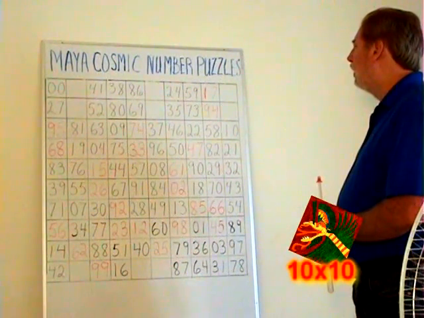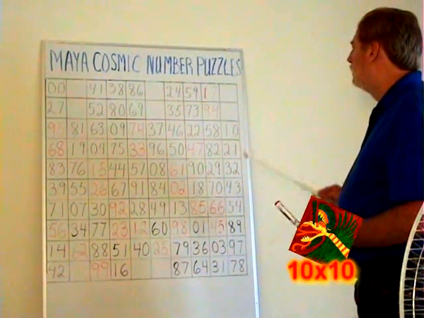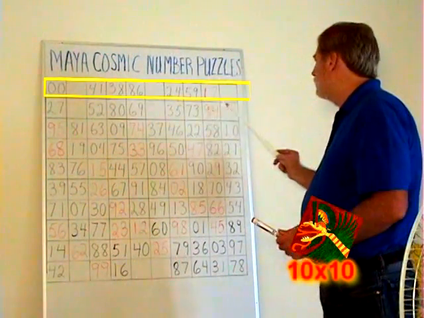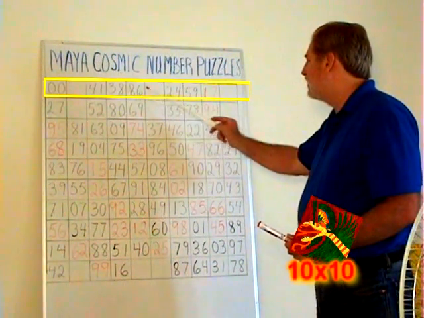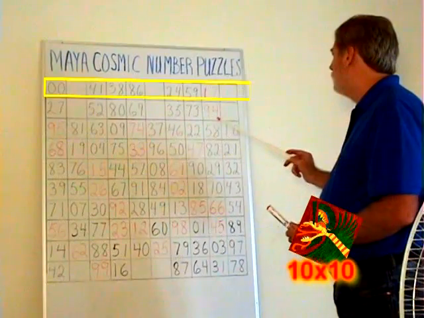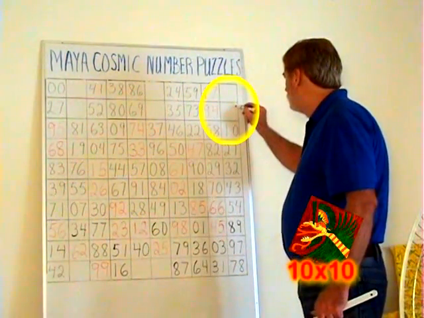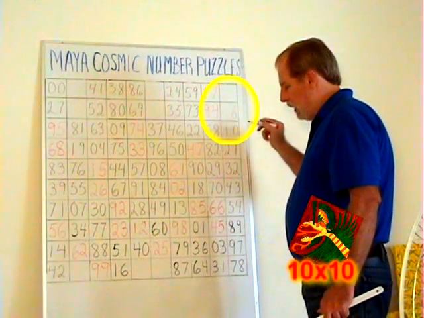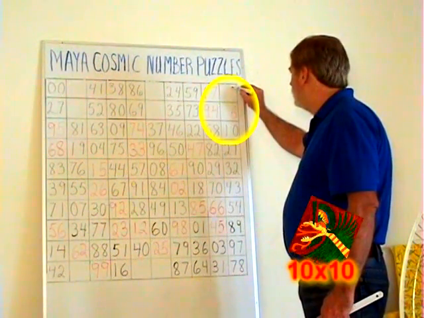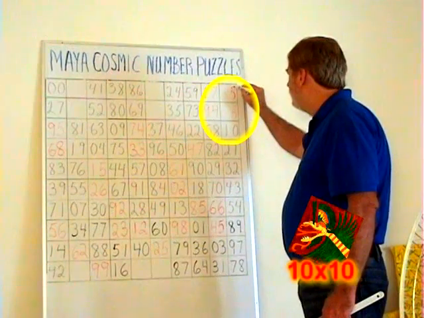When we look across these 2 rows, we see that we have a 6 here, so the 6 cannot go in this position, it must go here. And if the 6 goes there, that means that we can only have a 5 in this position.